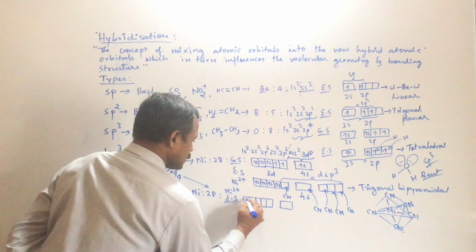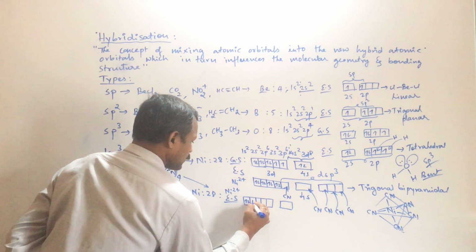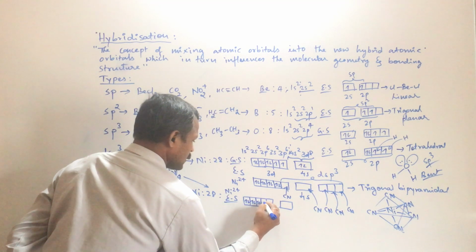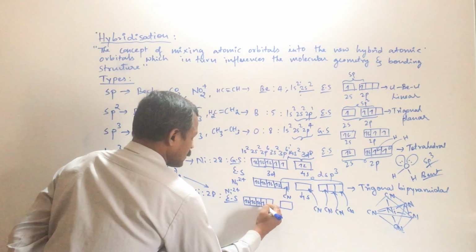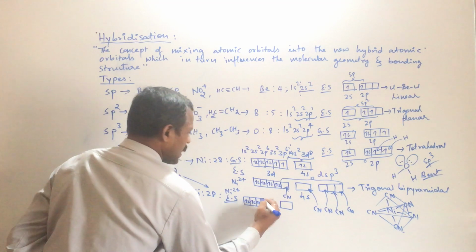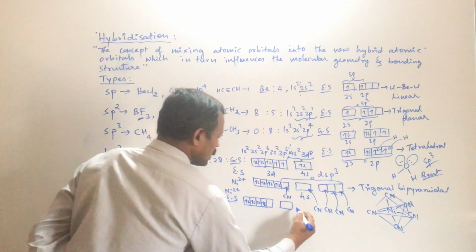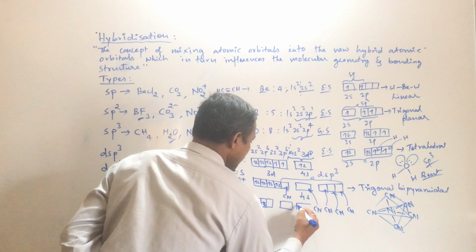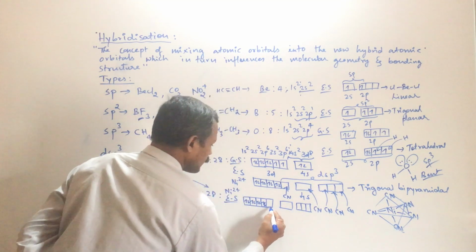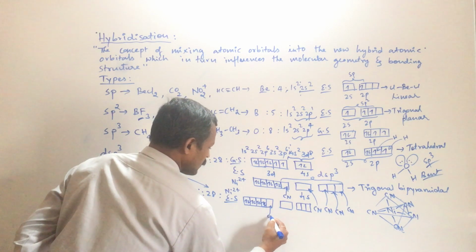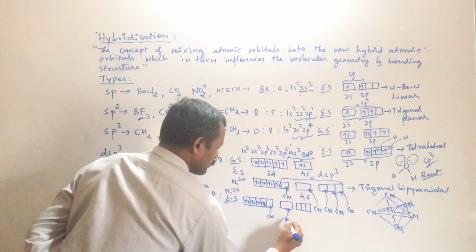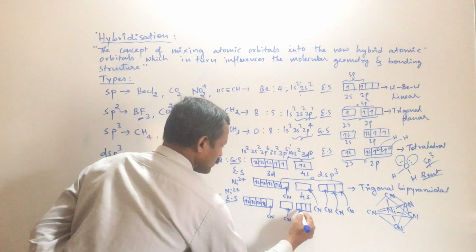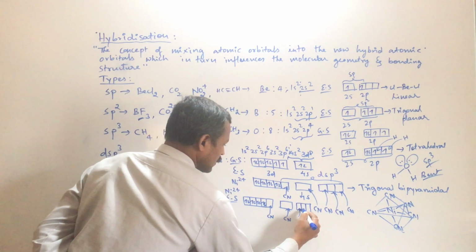Here also, due to the presence of that, it will pair up the electrons. Next, the four cyanide groups can share their electrons in the available orbitals.